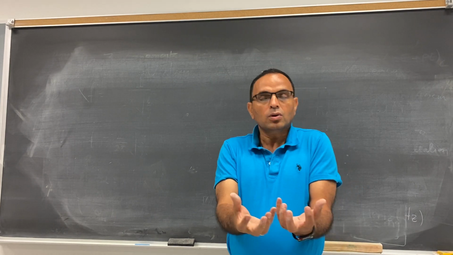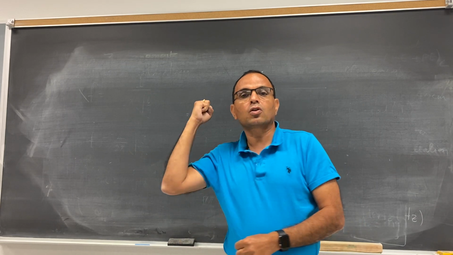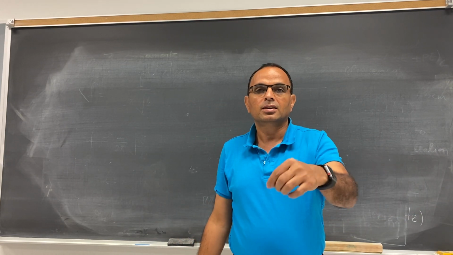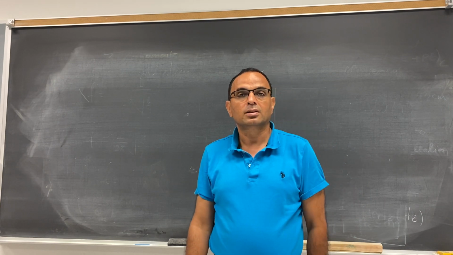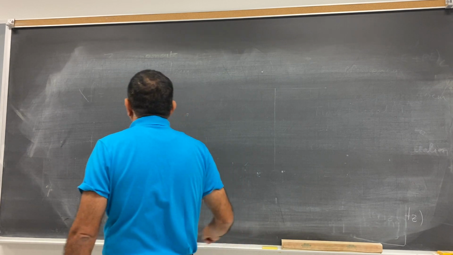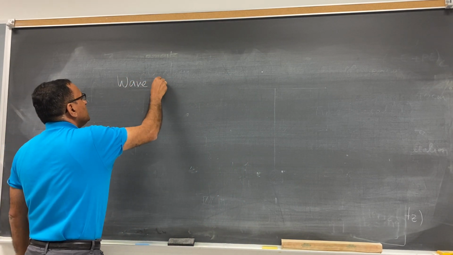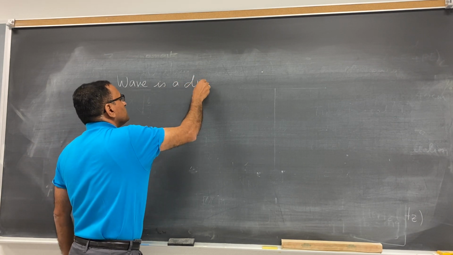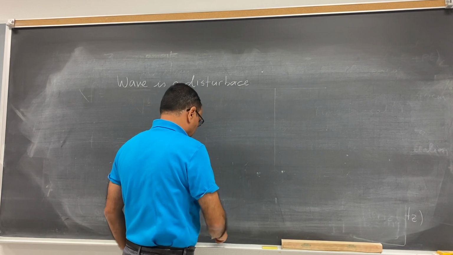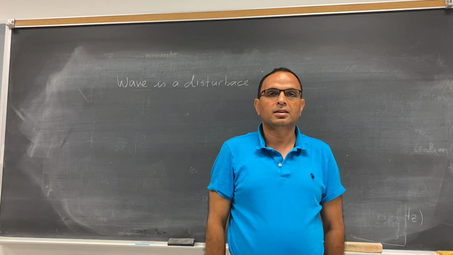But how did that wave get produced? You throw the rock there, you disturb the medium. The medium there is water. So simply, I do not have a very solid definition, but you can simply say that a wave is a disturbance. If you disturb the medium, it vibrates, then a wave is generated there.